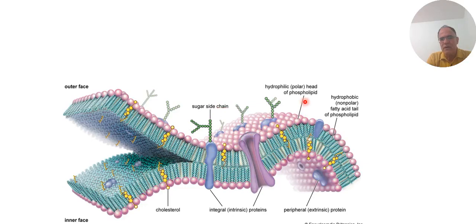The combination of carbohydrate and protein is called glycoprotein, and the combination of carbohydrate and phospholipid is called glycolipid.